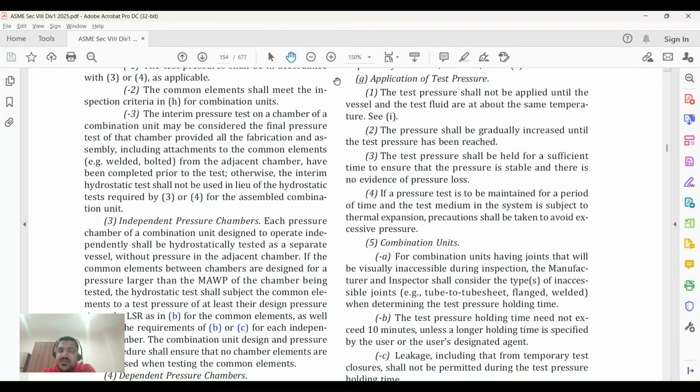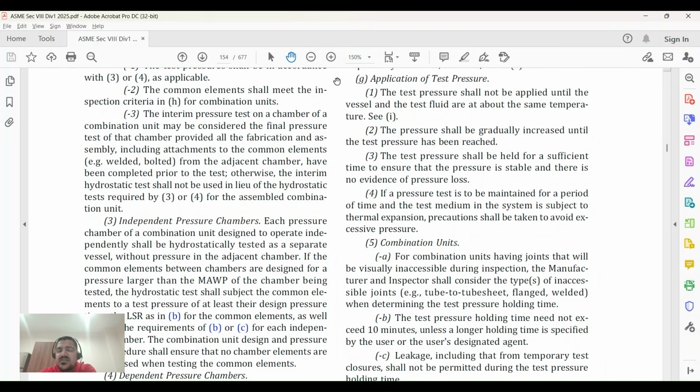Then the second point is the pressure shall be gradually increased until the test pressure has been reached. This is a bit of a clarified thing. Gradually raising the pressure to the test pressure is always advised.